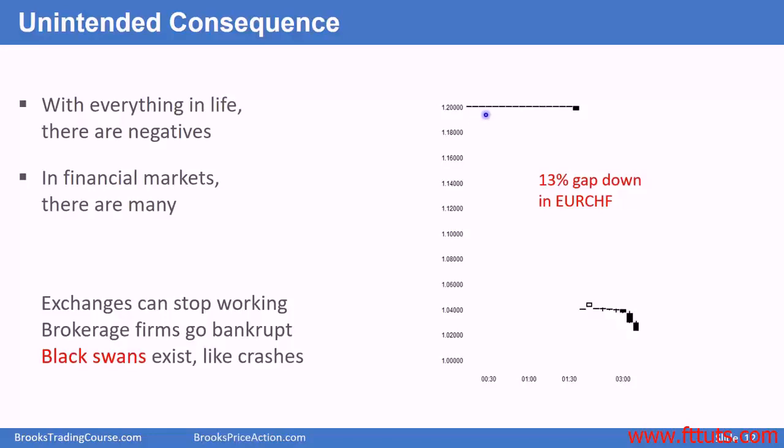The market is trading up here at 1.2, and then it's trading down here at 1.0400, a 13% gap in the currency between this trade and that trade. So this is an example of a black swan, of an extremely low probability event, an event that a lot of people say is impossible, cannot happen. There's no way the euro versus the Swiss franc can drop 13% overnight like that. But stuff happens.